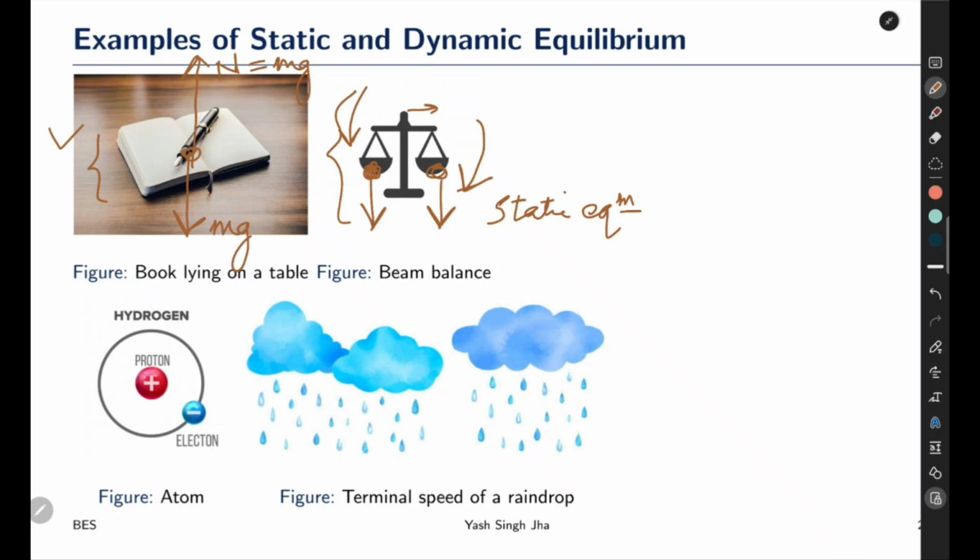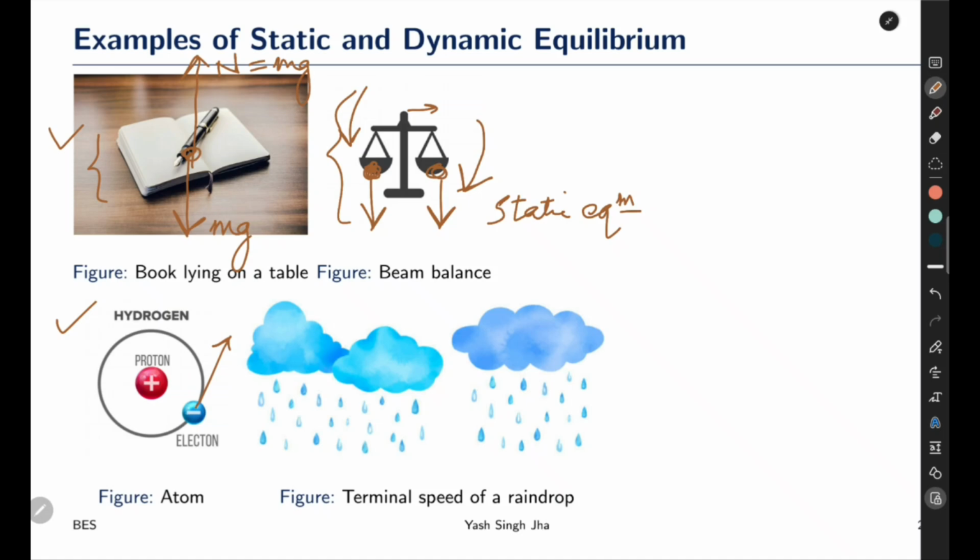Next, let's see an example of dynamic equilibrium. The first is the motion of an electron around the nucleus. What happens? The electron is continuously moving at a uniform speed around the proton.